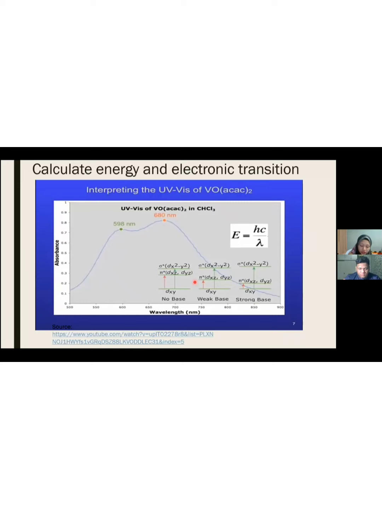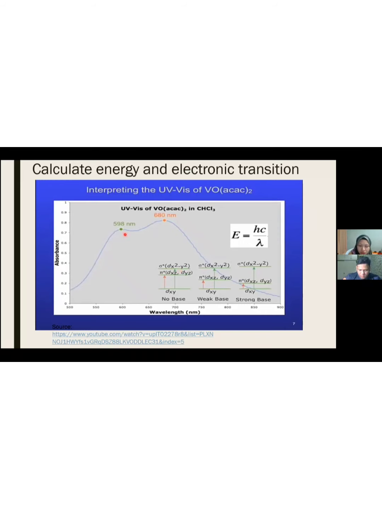Each absorbance is related to a specific d transition, which is dxy to dxz and dyz, and dxy to dx squared minus y squared. It requires energy to excite an electron from dxy to the dxz, dyz orbitals or to the dx squared minus y squared. From the graph, we notice that the lower lambda maximum at 598 nanometer has higher energy than that at 608 nanometer.